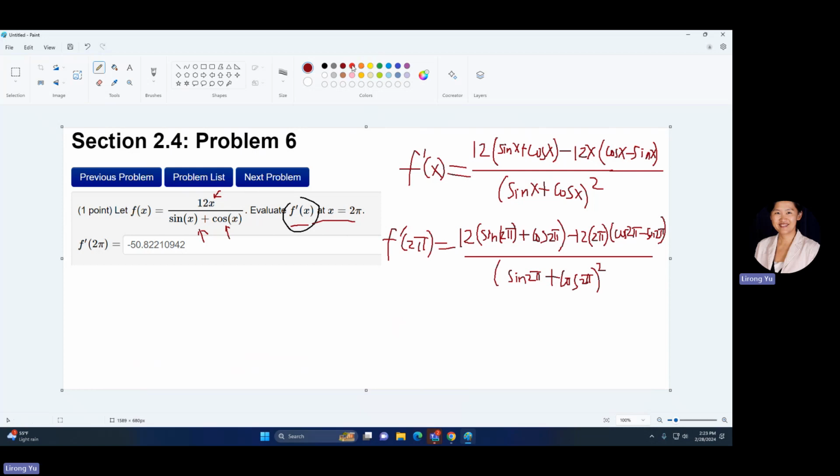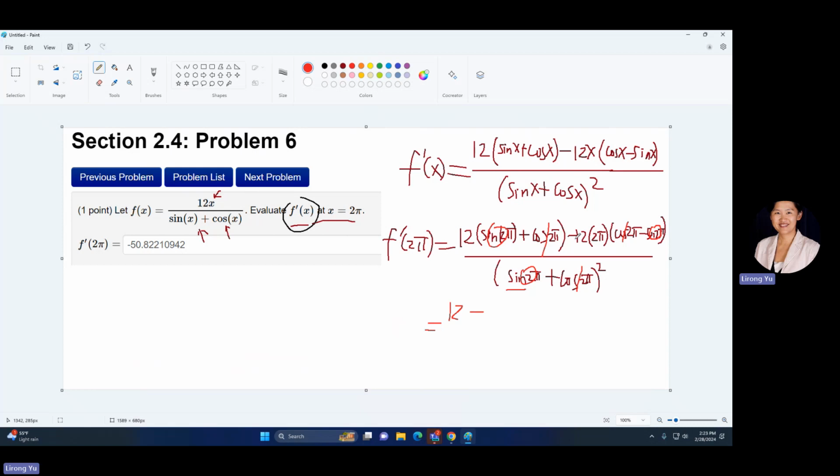Because there are a couple of numbers, sine 2 pi actually equals 0. So this is 0, this is 0, and that is 0. And then cosine 2 pi, you can check with your calculator with radian measure. Cosine 2 pi equals 1. So that's 1, that's 1, that's 1. So then what we have left is 12 times 1.